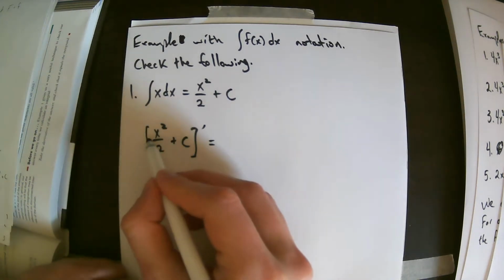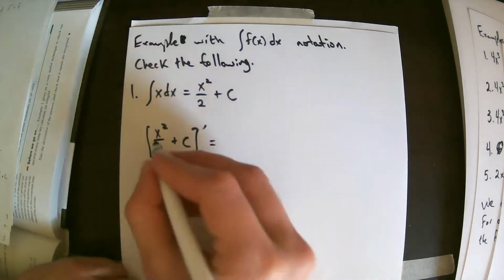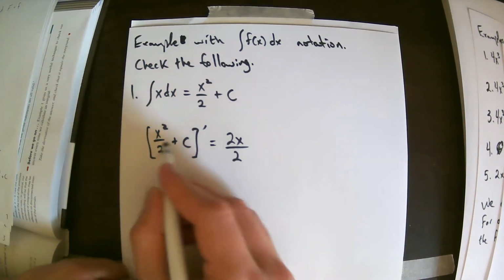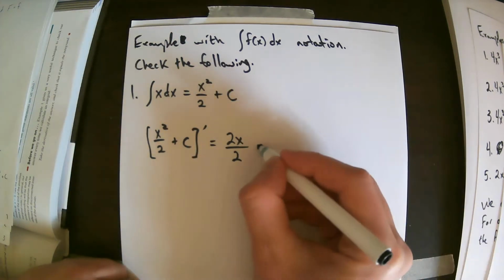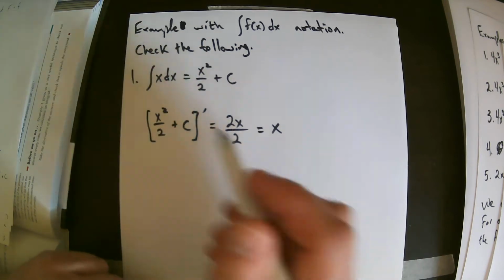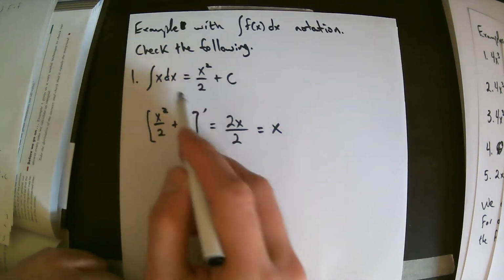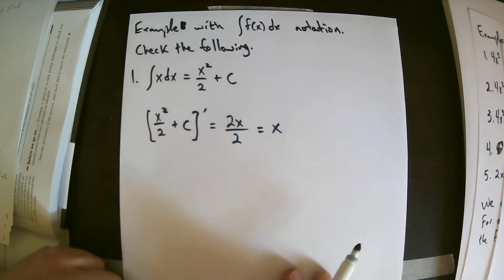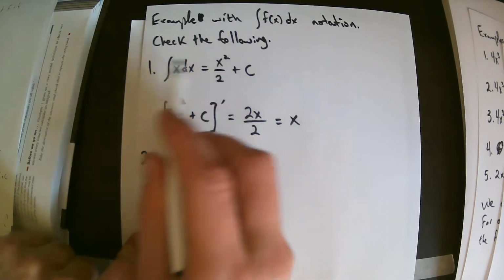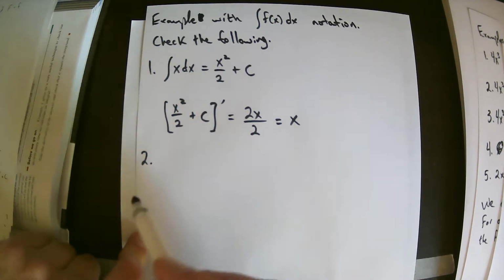So drop the 2, have 2x over 2, just taking a derivative. Plus c goes away, and the 2's cancel, so I'm getting just x. So this is a legitimate indefinite integral for the function x. What I'm doing here is giving you the solution and asking you to check it by taking the derivative.